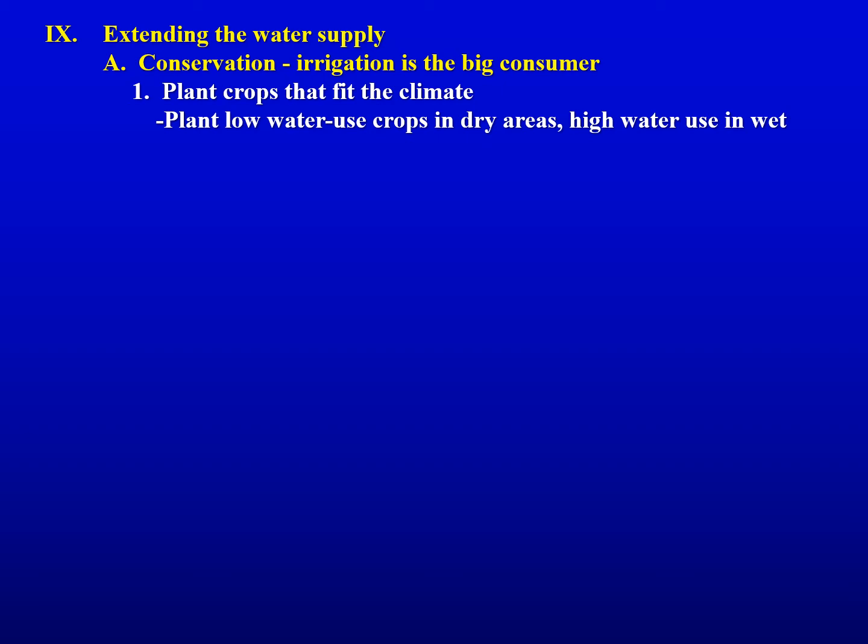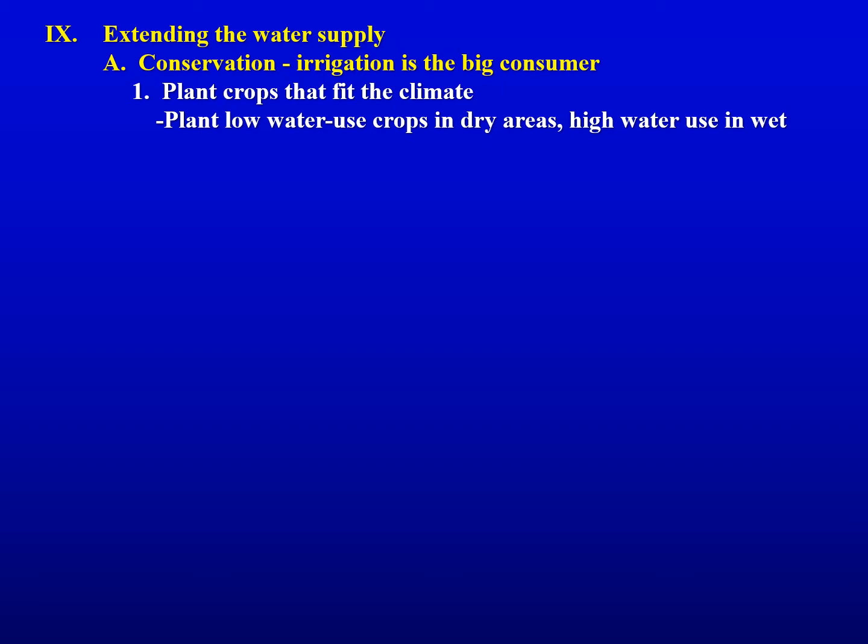Well, if you look back at the numbers in terms of water consumption, you saw that irrigation was the big consumer. That's water we take out of the water cycle and we never put back.